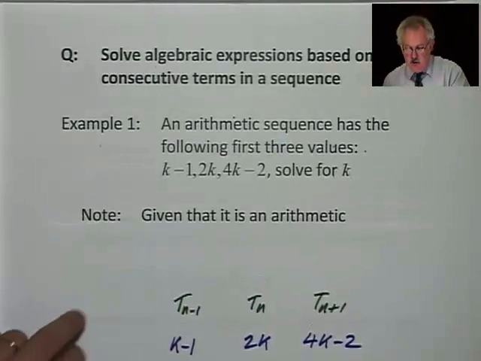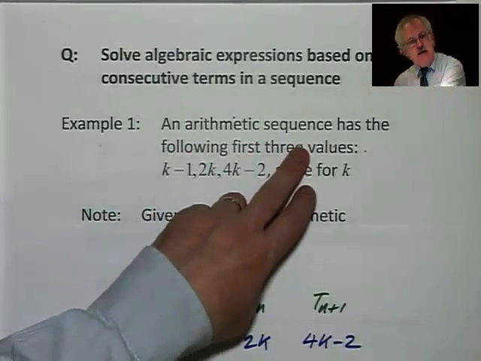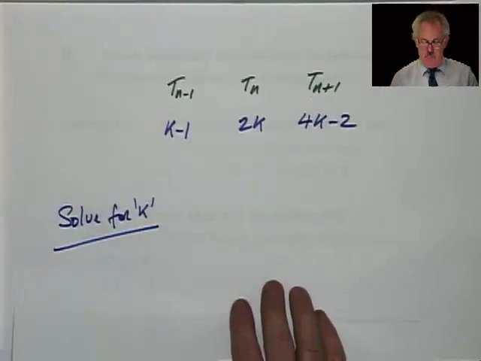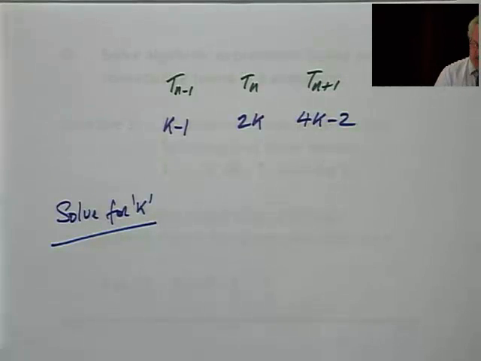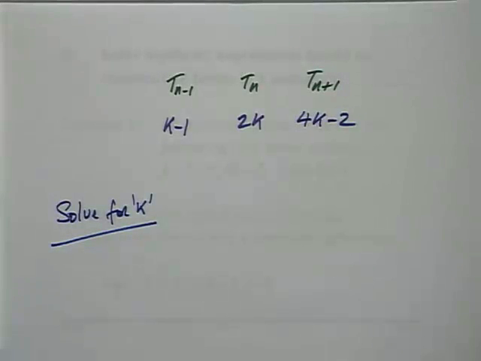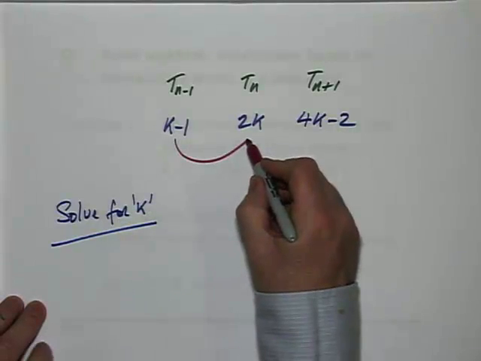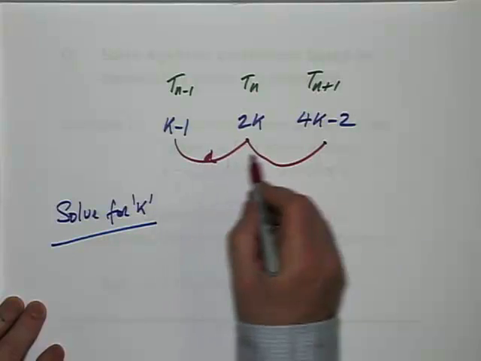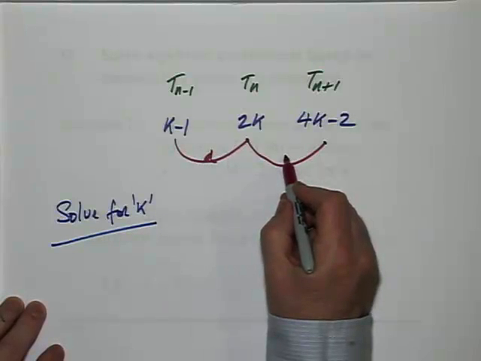It says, an arithmetic sequence has the following 3 terms. In fact, the first 3 terms. So it's an arithmetic series. What do we know about it if it's arithmetic? By definition, how do we get from one to the other? We add a difference. But do we add the same difference here? Yes.